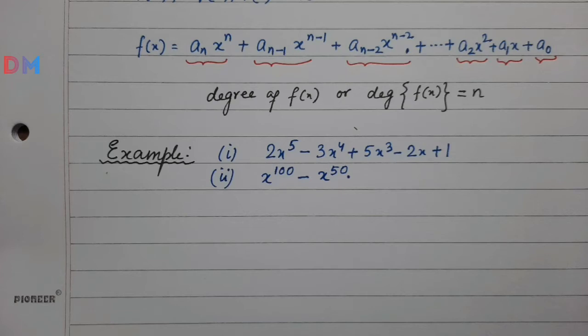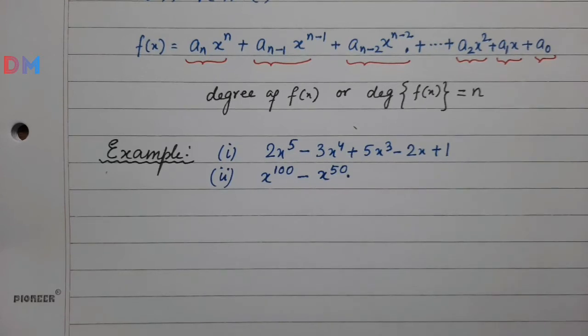The answer will be 0, since there are no terms in between x to the power 100 and x to the power 50. Then what is the coefficient of x to the power 50? The answer will be minus 1, since there is a negative sign before x to the power 50. What is the constant term of this polynomial? The answer will be 0.